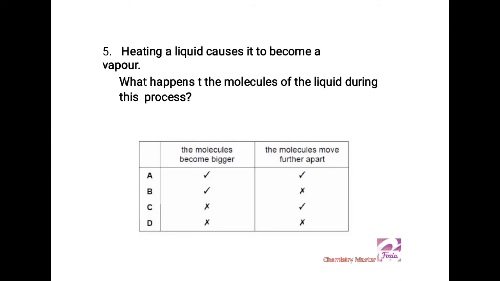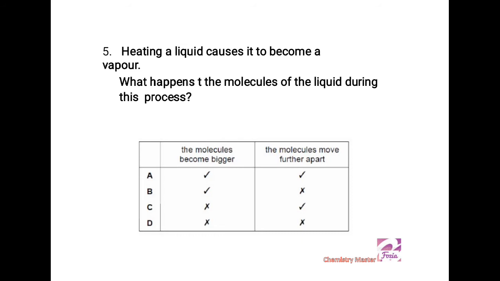Number 5: heating a liquid causes it to become a vapor. Yes, we know that. What happens to the molecules of the liquid during this process? You have to see: do the molecules become bigger, or do the molecules move further apart?